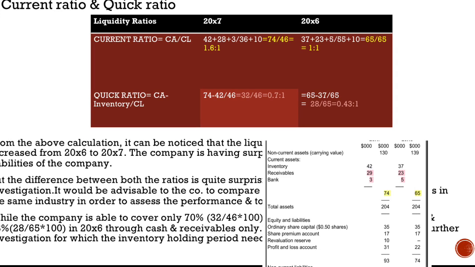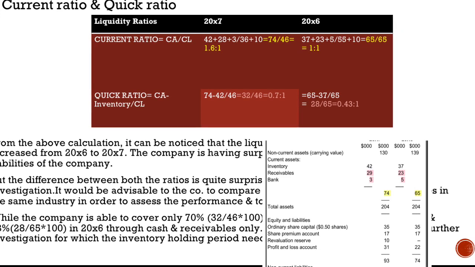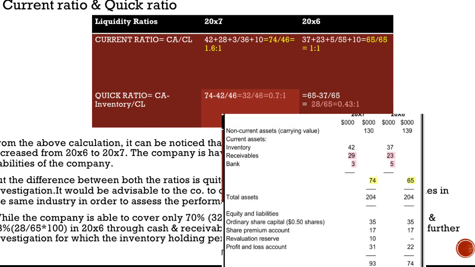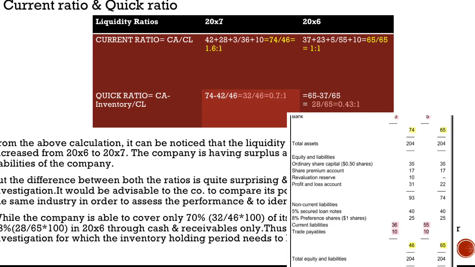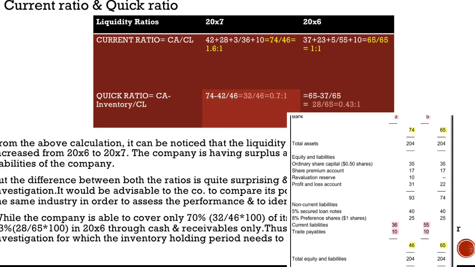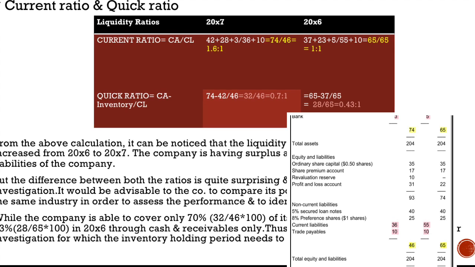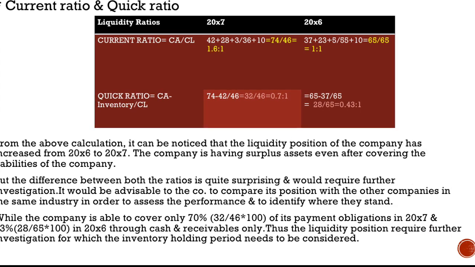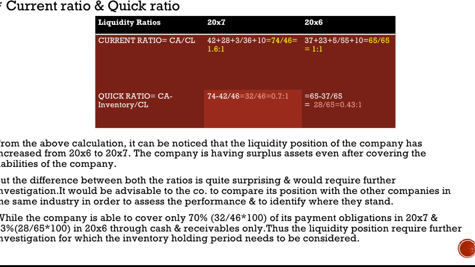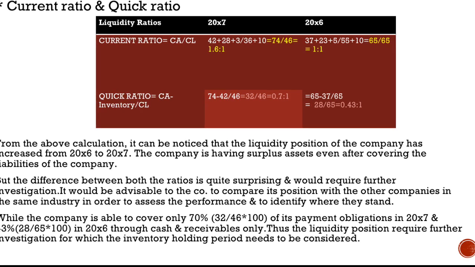So you can see that we have highlighted in pink color those are the assets that will be included, and current liabilities will be 65 itself. So we will get 28 divided by 65, that is when we simplify we get 0.43:1.